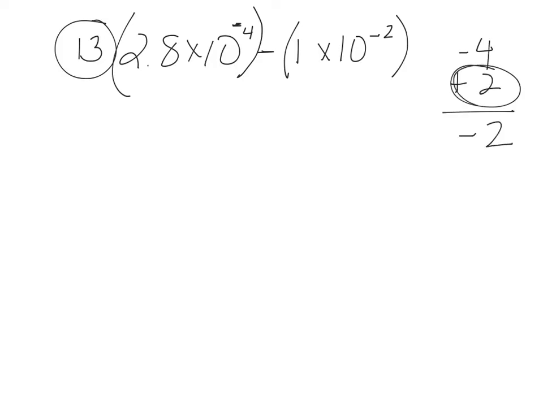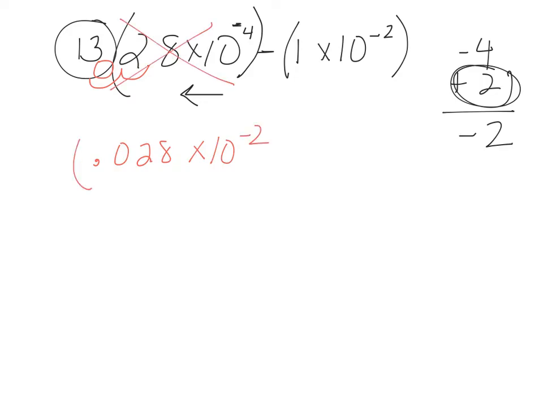So I'm adding 2, which means I need to move the decimal that way. So I need to move it 1, 2. So 0.028 times 10 to the negative 2nd. And that's the same equivalent number. 1 times 10 to the negative 2nd. So now I need to subtract. And I can do my subtraction off to the side.